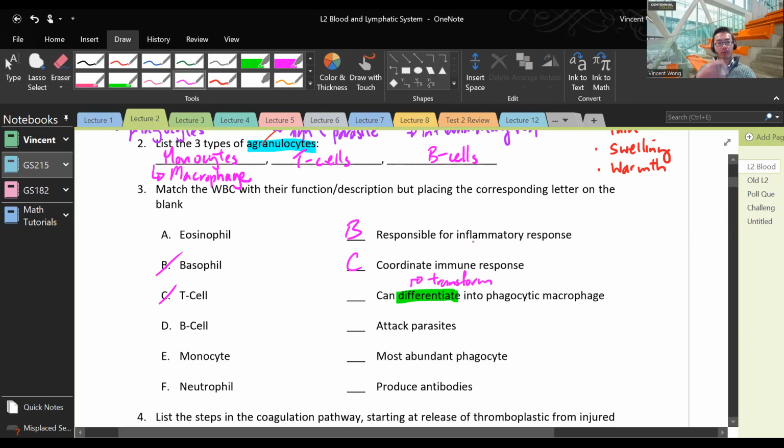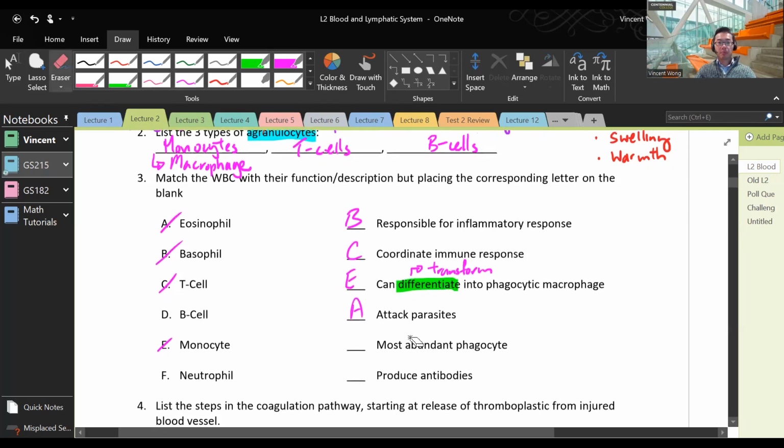These are one-way transformations. Once you become a macrophage, you stay that way. That will be monocyte. Attack parasites: we mentioned it's the job of eosinophil. Most abundant phagocytes, you have a lot of them, very common: that is neutrophil.